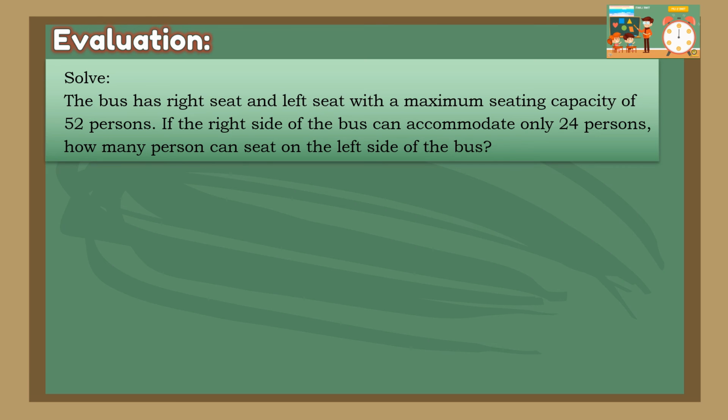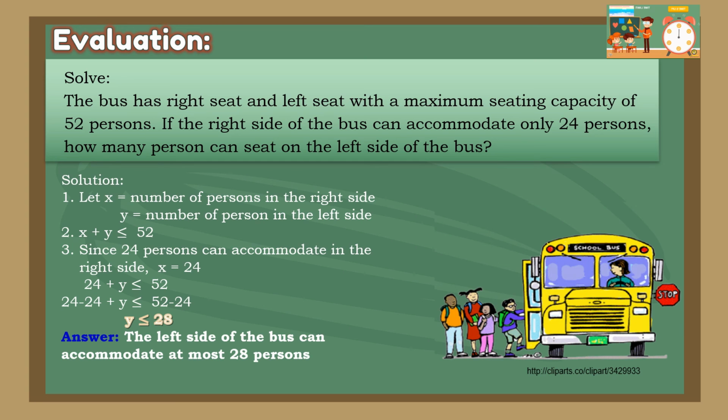Okay, time's up. Let us check if your answer is correct. So, solution. Let x be the number of persons on the right side and let y be the number of persons on the left side. Number 2, x plus y is less than or equal to 52.